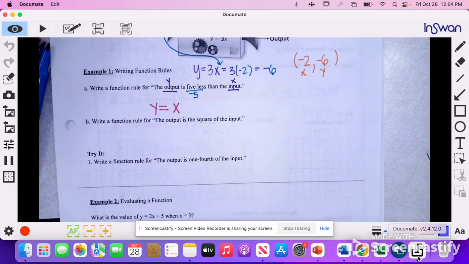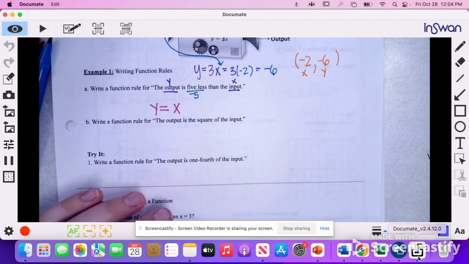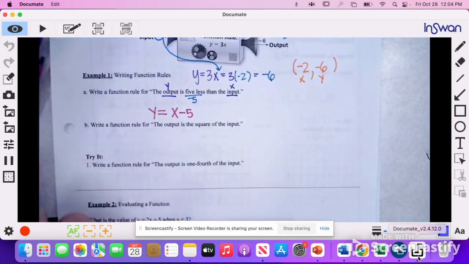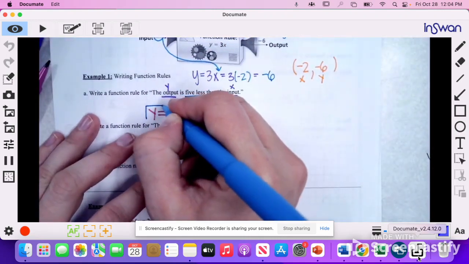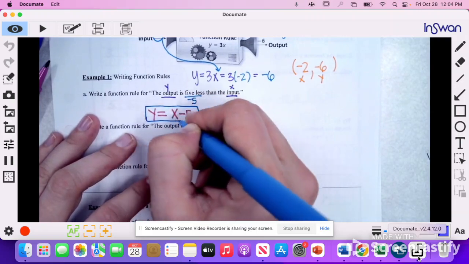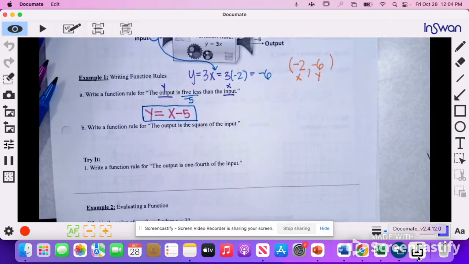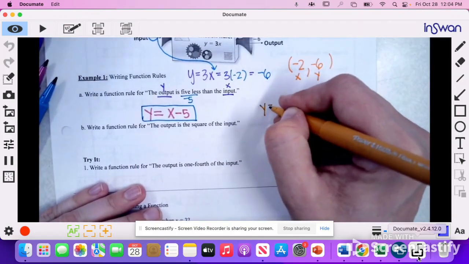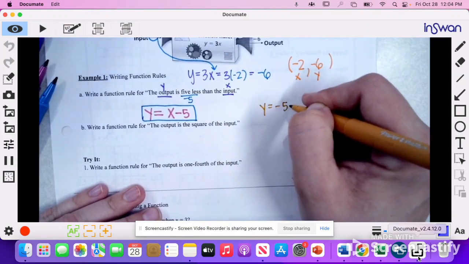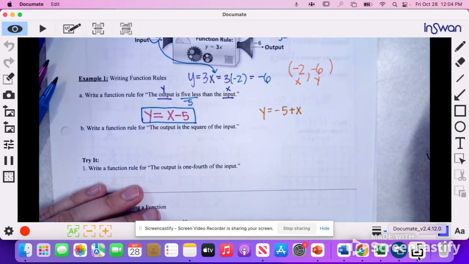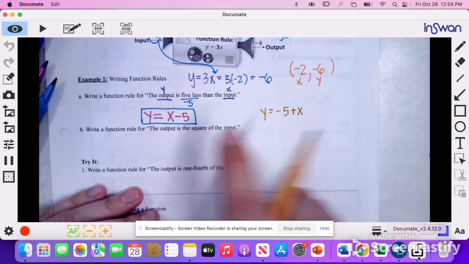What operation? Add, subtract, multiply, divide. Subtraction, less 5. X minus 5. Okay. We could also write it as y equals -5 plus x. That's an acceptable way to do it.